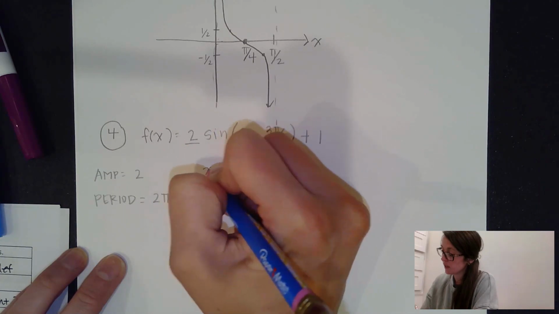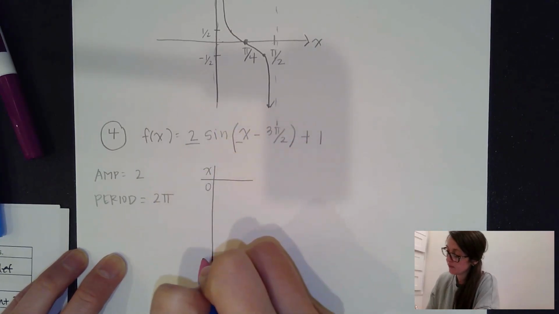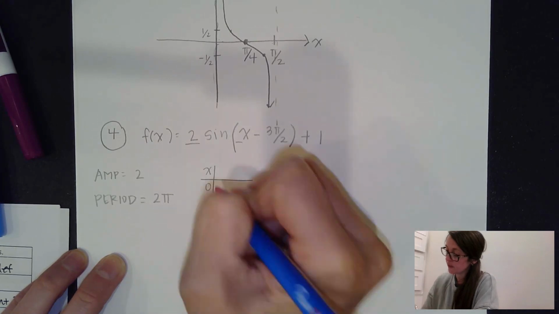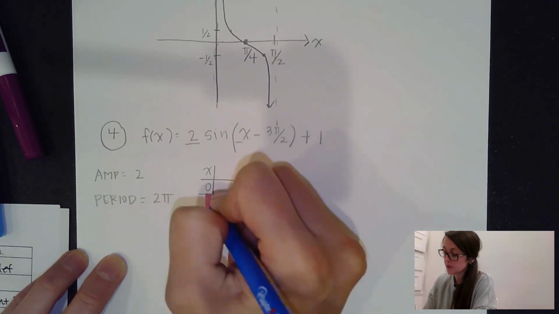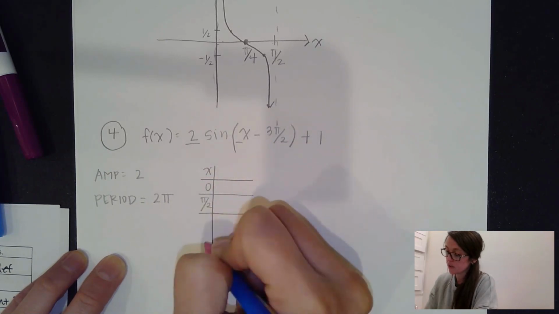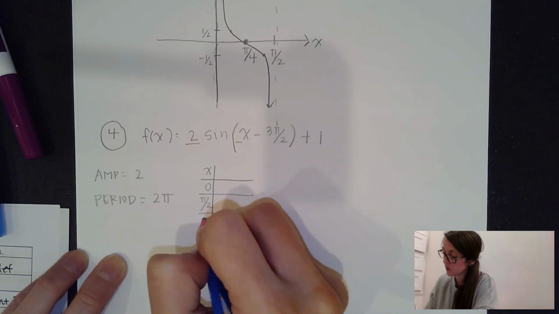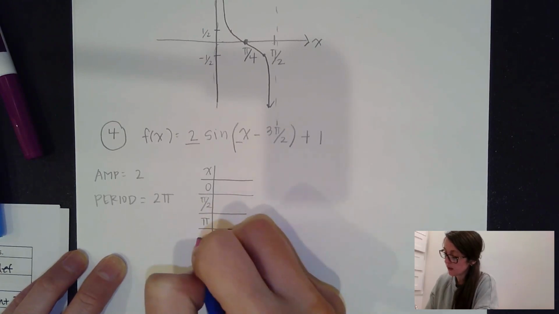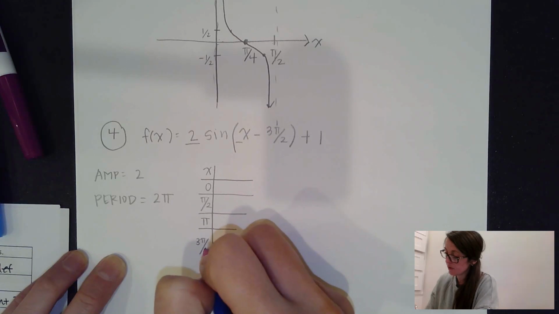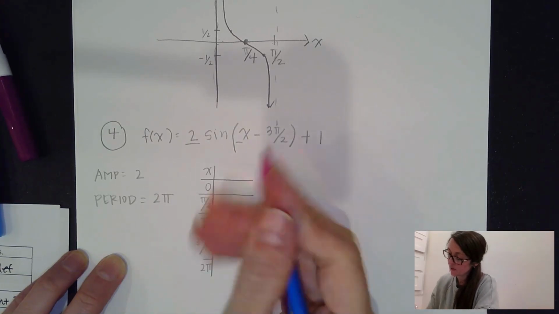Before I figure out my x values, let's take this period and find our normal x values. So 0, then pi over 2. Basically you're dividing the period by 4 and you're going to get 3 other values inside of here. So then this will be pi, and then this will be 3 pi over 2.